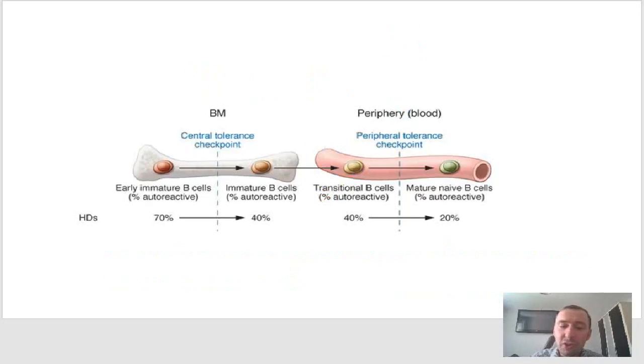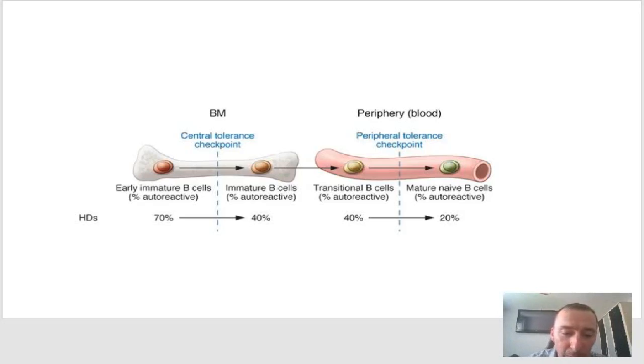Now, in terms of giving you some idea, we've talked about negative selection in both the bone marrow and the spleen, and there is evidence that those stages also happen in other areas, such as the tonsils. So there is a certain amount of cells that manage at every stage to escape this negative selection.